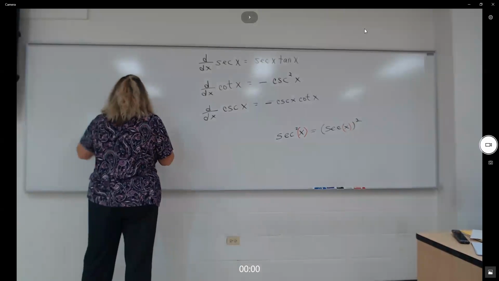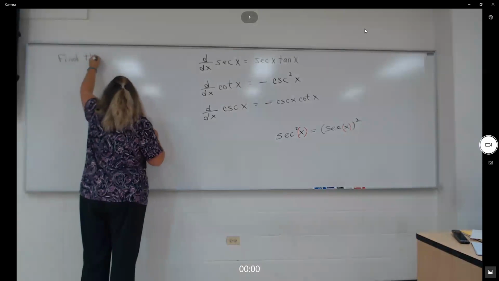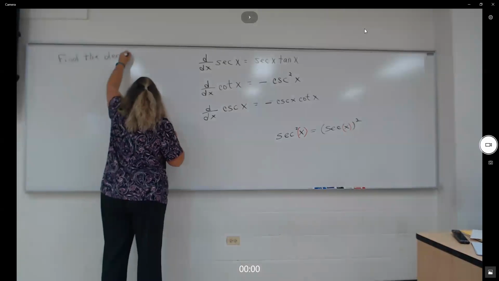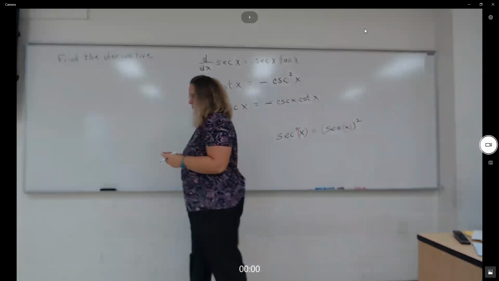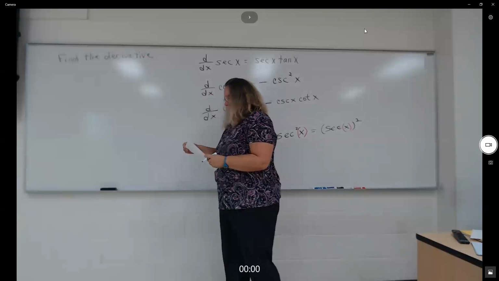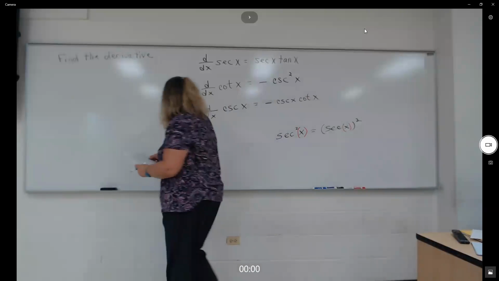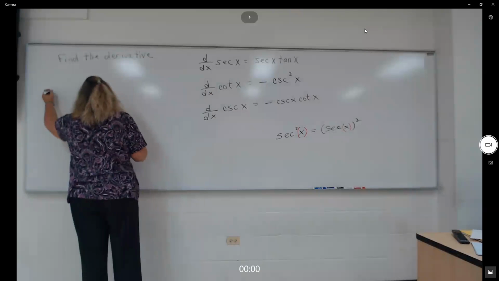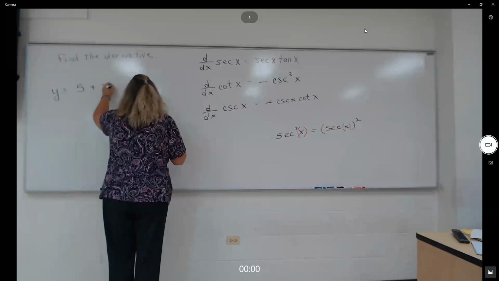Let's see. We'll do find the derivative. Forget which one is on the homework. Before we get into it, let's talk about this one real quick. We'll compare these two. So let's take a look at y equals 5 plus sine of x.